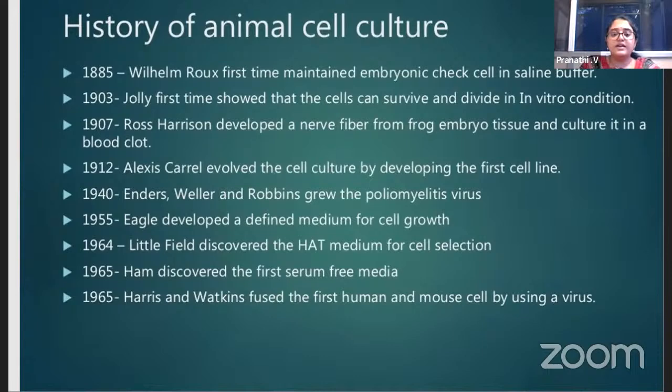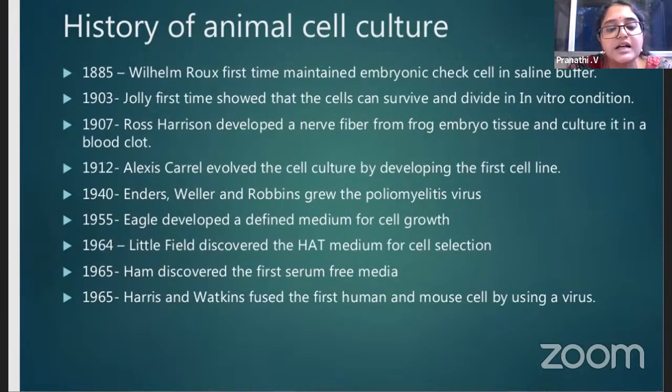In 1907, nerve fibers from a frog embryo tissue were taken and cultured in a blood clot. And Alexis Carrel helped in developing cell culture, and he developed the first primary cell lines. And then Weller and Robbins worked on the polio virus also.